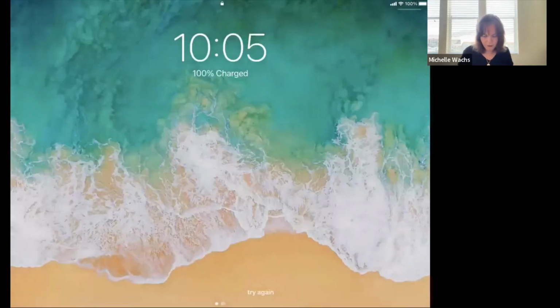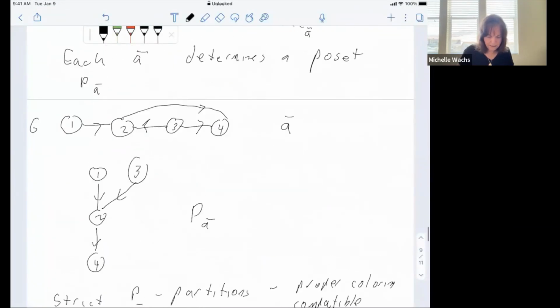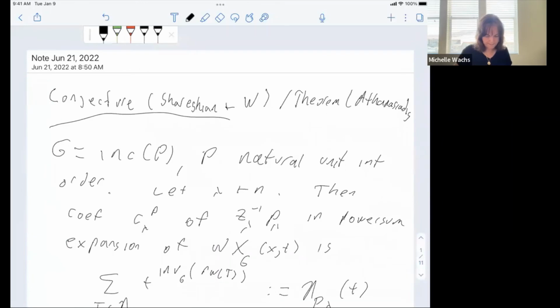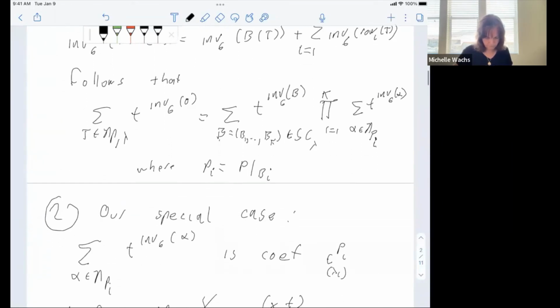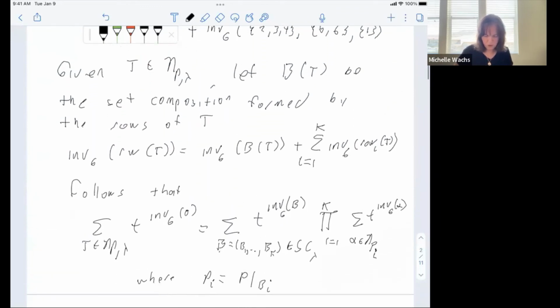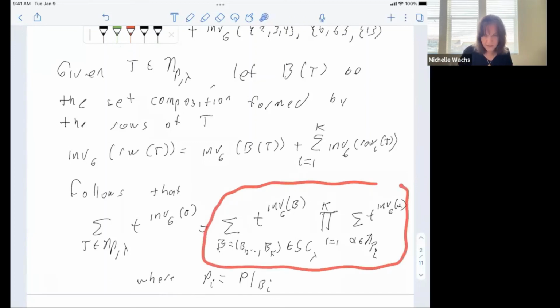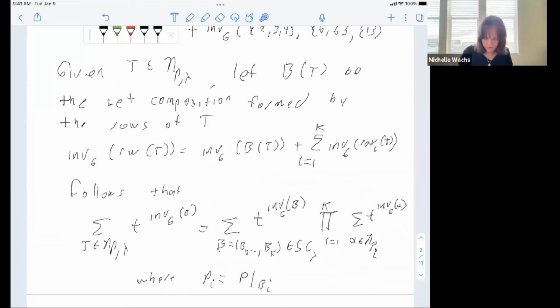But for P unimodality, let me go back to this. We can decompose it this way. Maybe what you're saying would work, except for the center of symmetry.